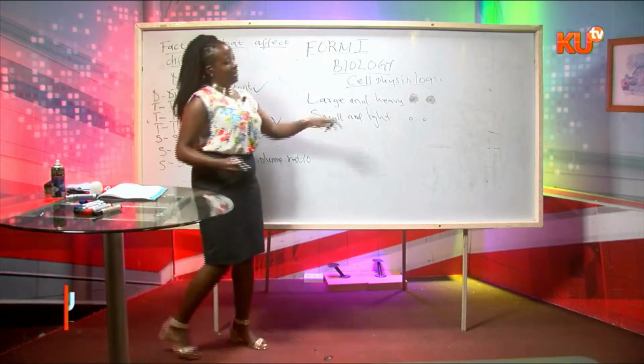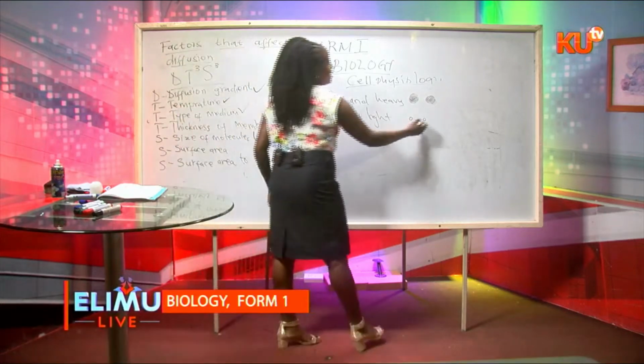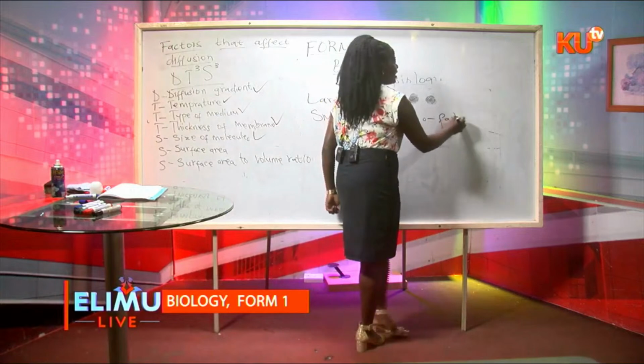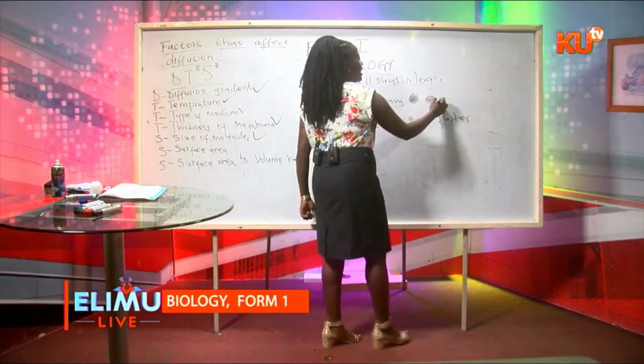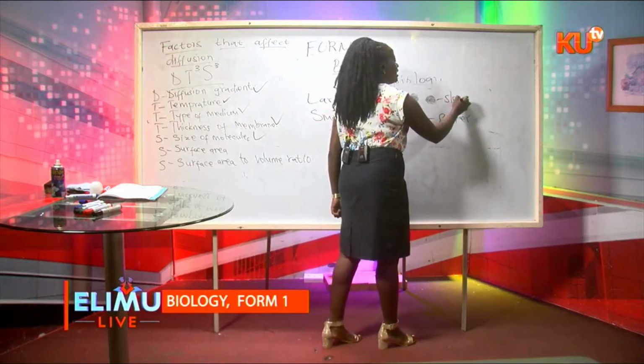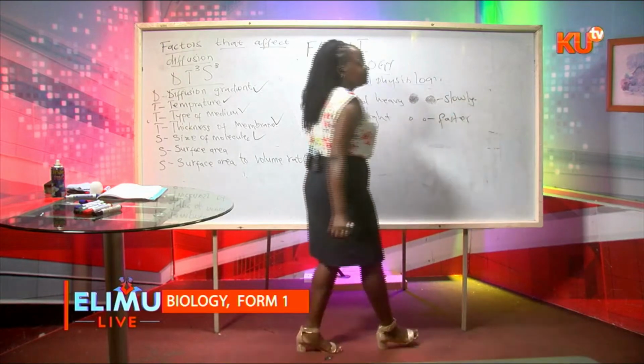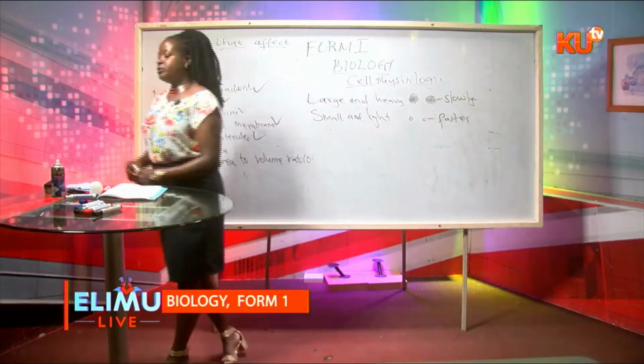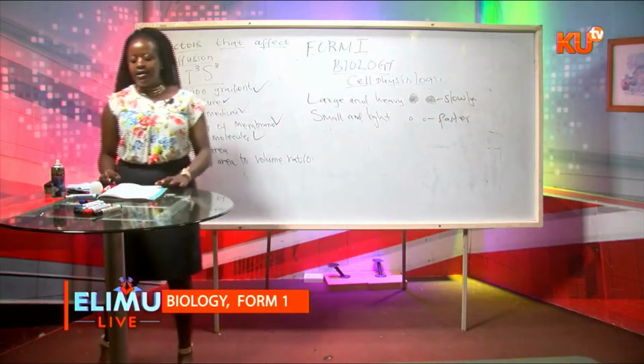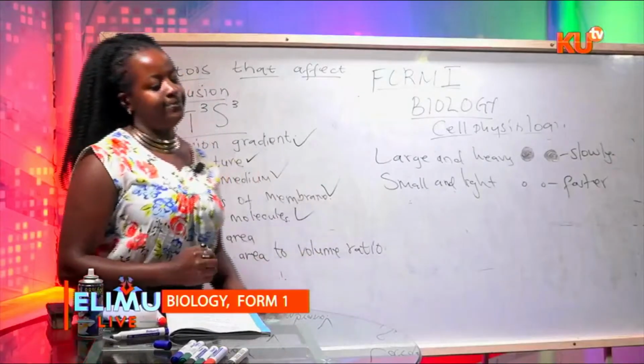Small and light molecules diffuse faster than heavy and large molecules. Heavy and large molecules will diffuse slowly due to their size and due to their weight.